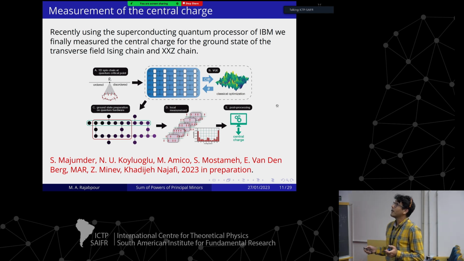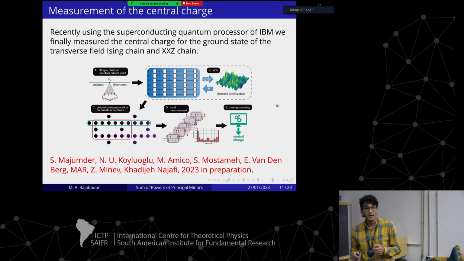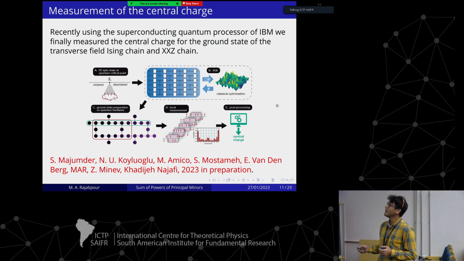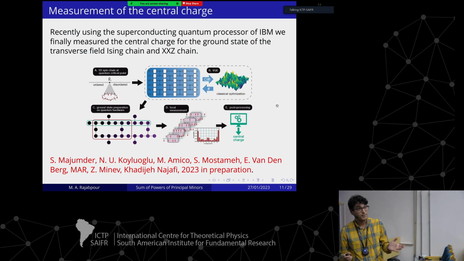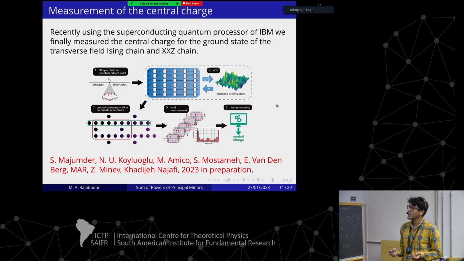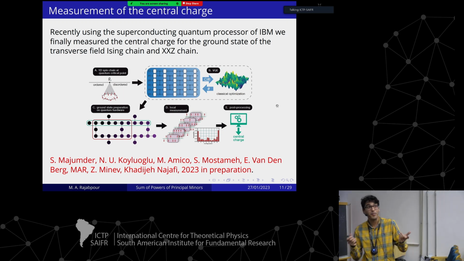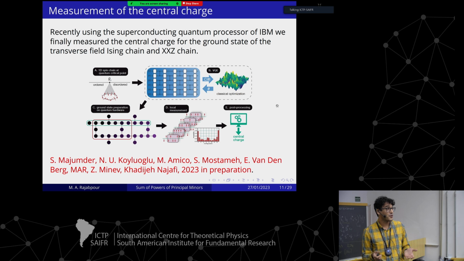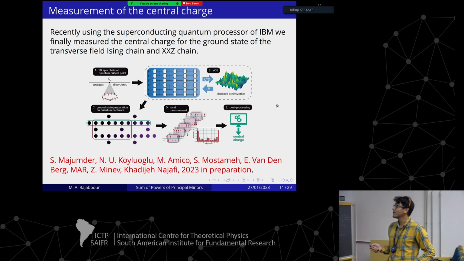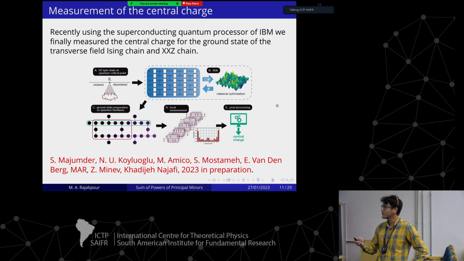And then they were able to estimate the central charge for the transverse Ising chain and the XXZ chain using the same quantities. They just prepare the ground state of the critical one, which is the hardest part. This is something they were able to do, and I was able to help them with the theoretical aspect.